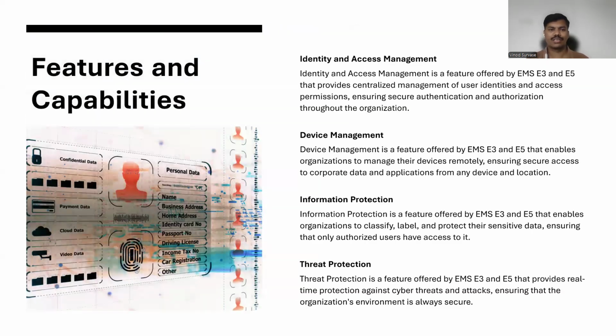So these are the features that we talked about, right? And while going through these features and services, we can see how each of these features is really being used, how the features can be utilized as expected, how we can classify the data, how we can manage the devices, what the different capabilities of each of these features are, and how those can be used by organizations to protect data, applications, user identities, and devices, right?